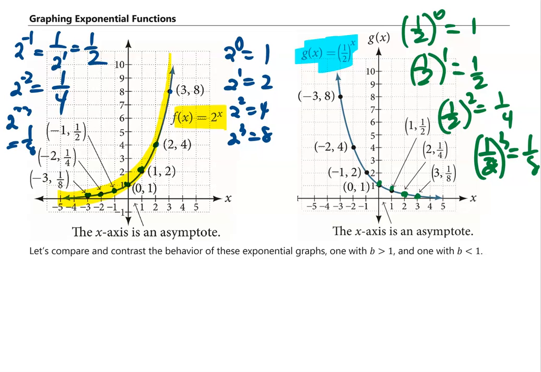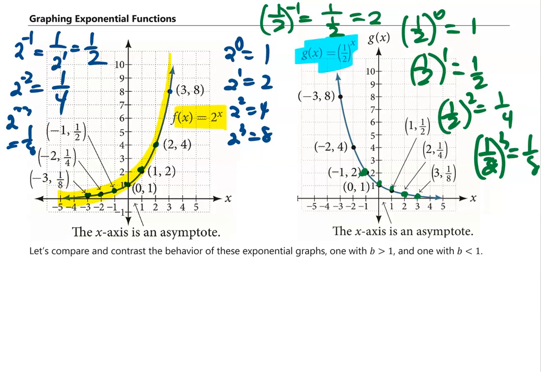And same thing with 1/2 raised to negative 1. Oops, I need a bigger space here. So 1/2 raised to negative 1, that is like 1 over 1/2. So that is equivalent to 2.